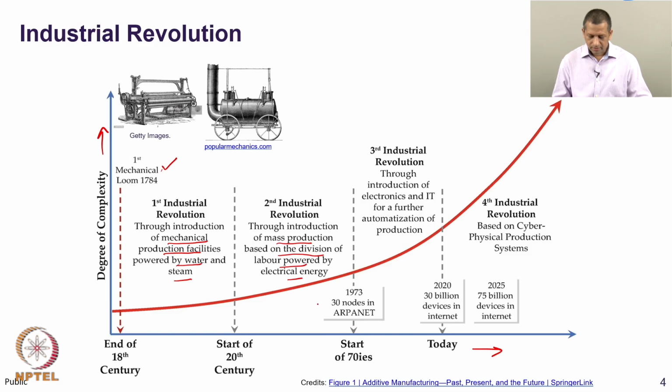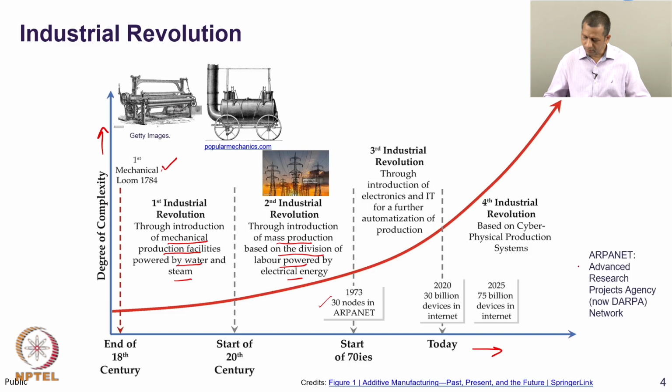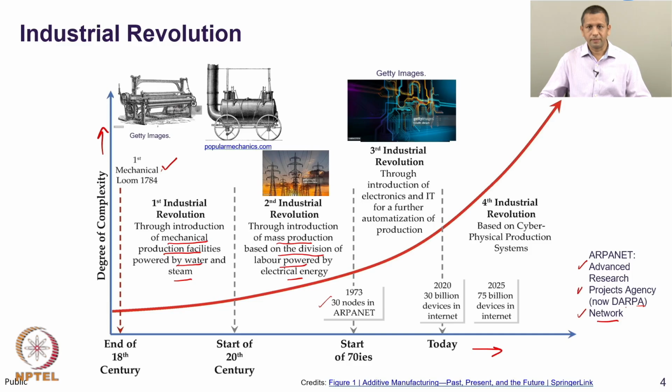In 1973, ARPANET, which was the Advanced Research Projects Agency, currently called DARPA, had its research network of computers. It had only 30 nodes and probably was not sufficient to do a decent amount of calculations in a faster way.